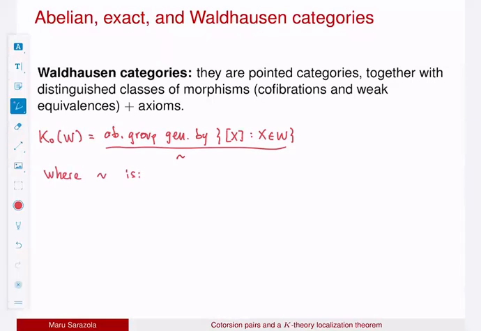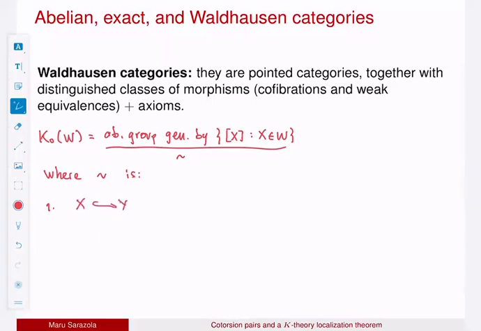But how do we define this relation now? We don't have short exact sequences necessarily, because I'm not saying that these have to be algebraic structures of any kind. But we do have these classes of morphisms, and these are going to give us the relations.